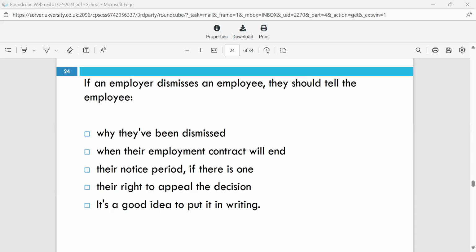Make sure you have given reasons for the dismissal, and why they've been dismissed, and it could be put in writing. If the employee feels that the dismissal is unfair, they can appeal against the dismissal, but they have to follow a procedure in place as well. Otherwise they may have a claim for unfair dismissal if it's not followed.